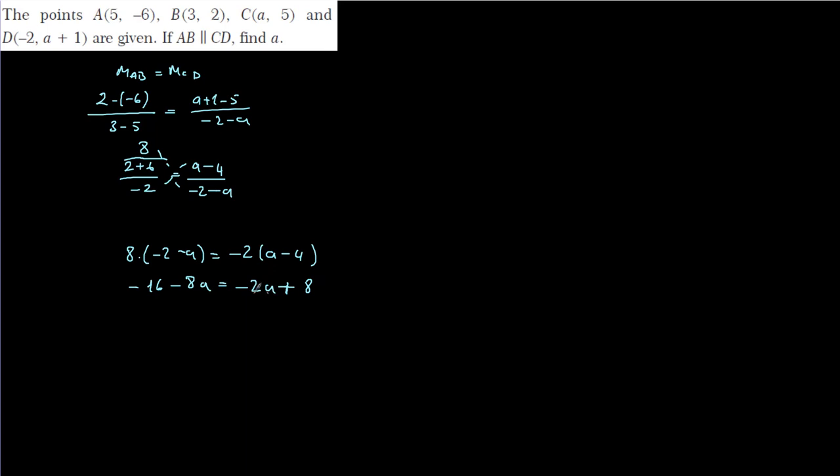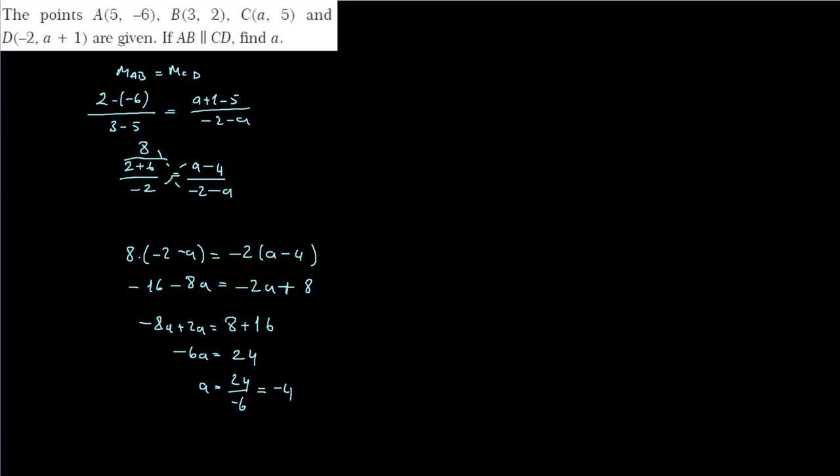If we switch the unknown terms to one side, minus 8a plus 2a is equal to 8 plus 16. It's going to be minus 6a is equal to 24, and a is equal to 24 over minus 6, which is equal to minus 4.